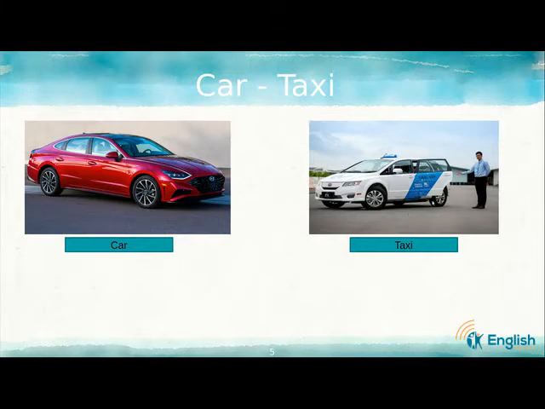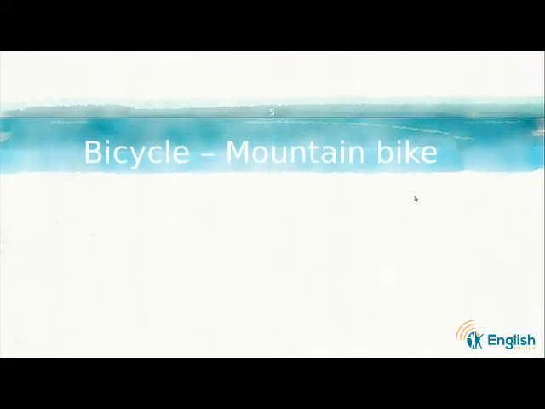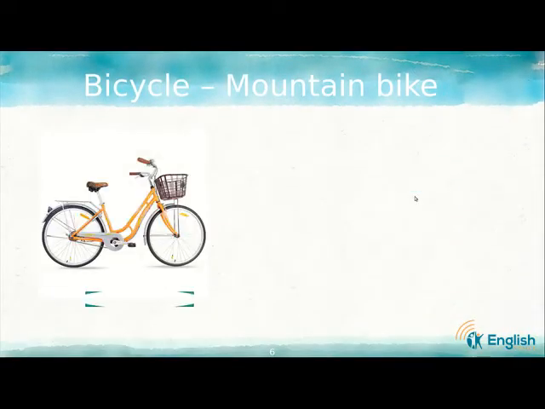You can have VIP taxis where the driver provides you an individualized or personalized service with onboard entertainment, or you could have a normal taxi. Bicycle, bicycle, or you can also call it a bike, a bike.